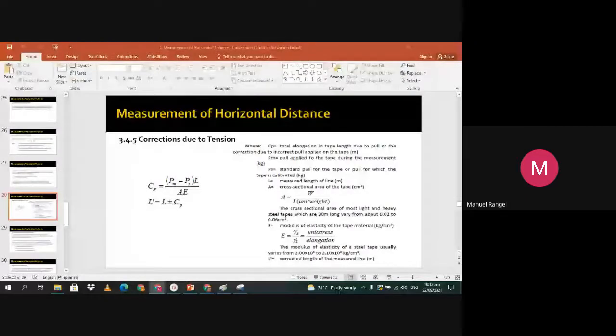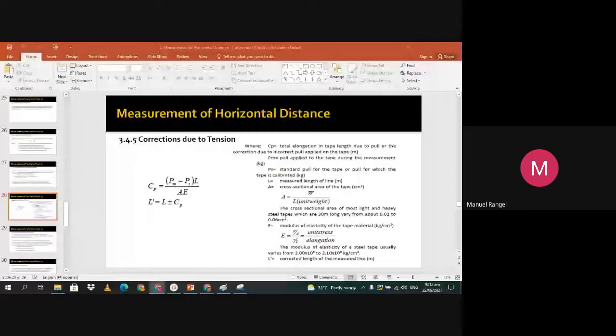So this correction for pull is a function of the difference between the applied pull and the standard pull, the measured length, the cross-section area of tape, and the modulus of elasticity of the tape.